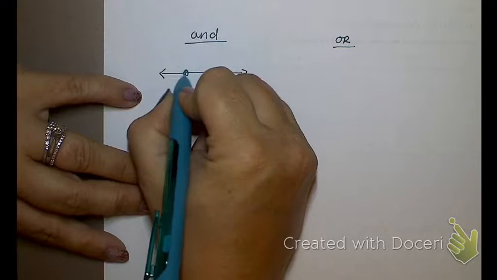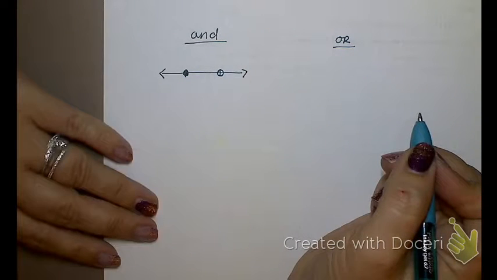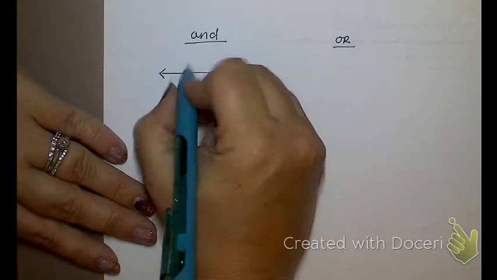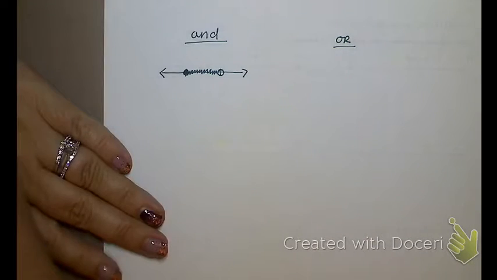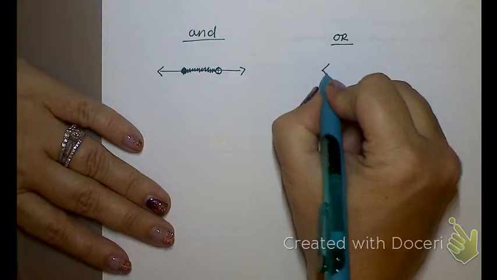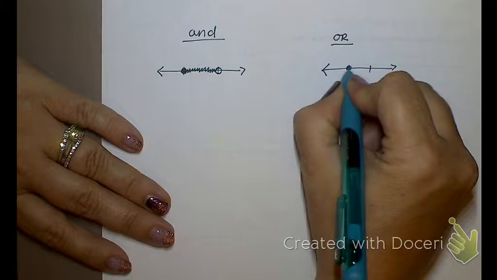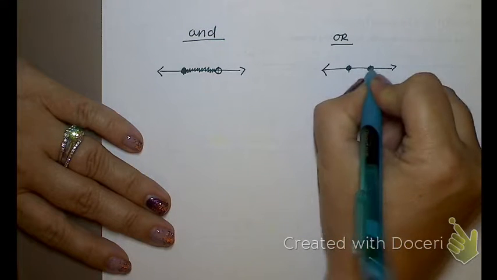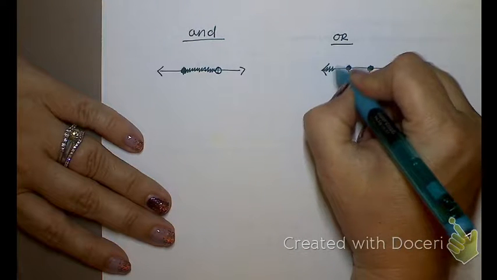We will have open or closed circles. It will follow the same rules. You may have one open, one closed. But in an and graph, we shade between. In an or graph, we will again have two important points, and again, they will be open or closed, same rules as before. But not shading between, we will shade out.